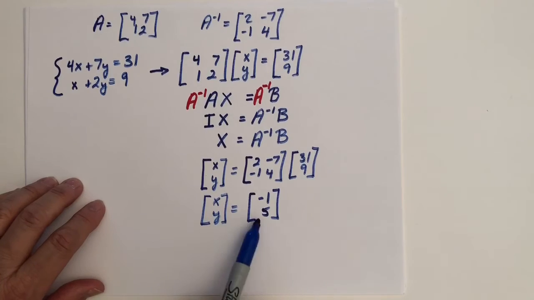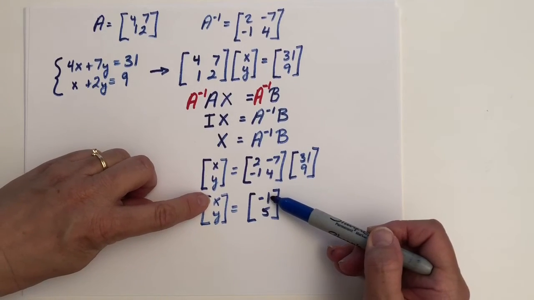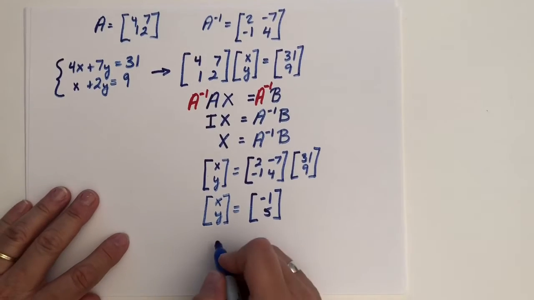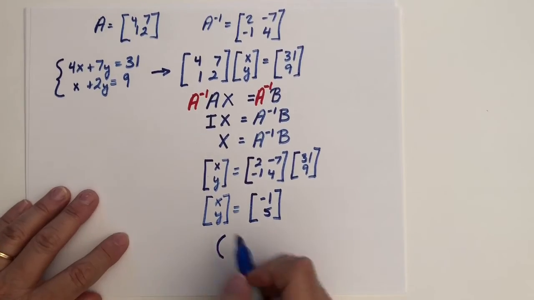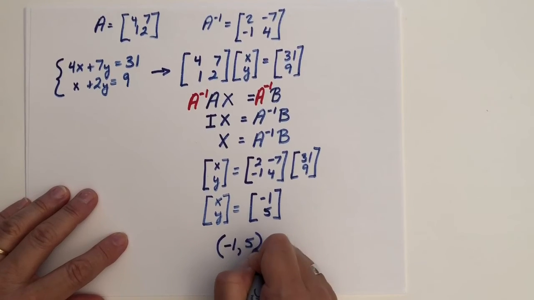And we know when matrices are equal, their corresponding entries are equal. So we know x equals -1 and y equals 5. So the solution to this system is -1, 5.